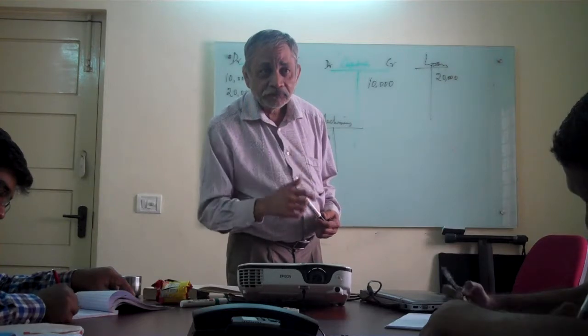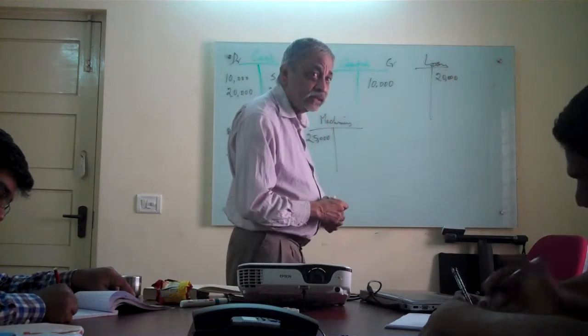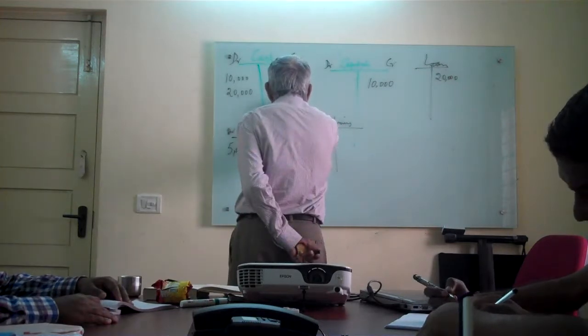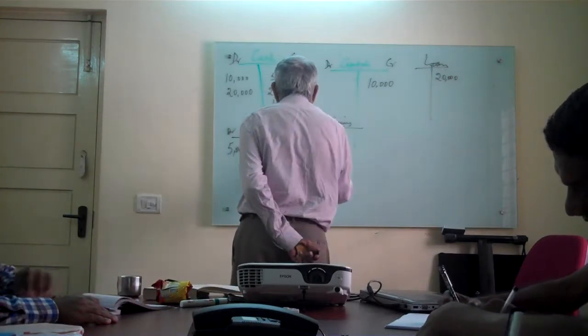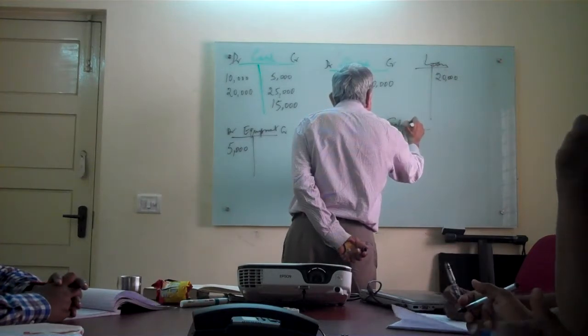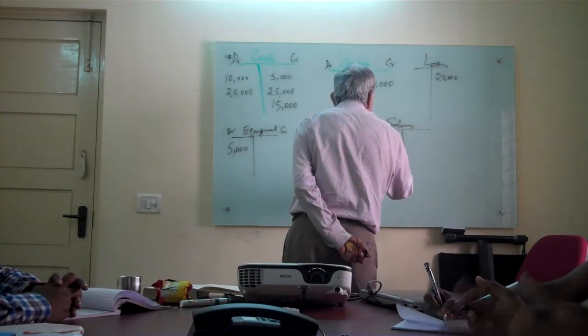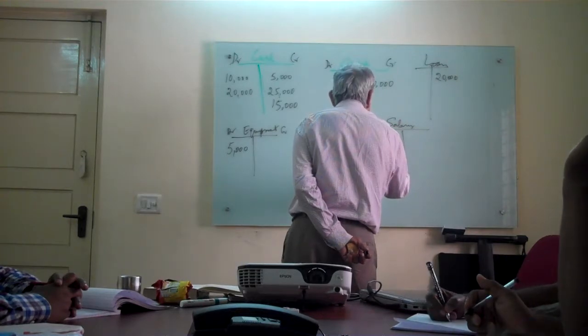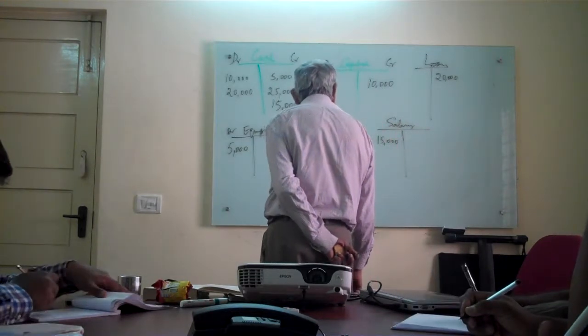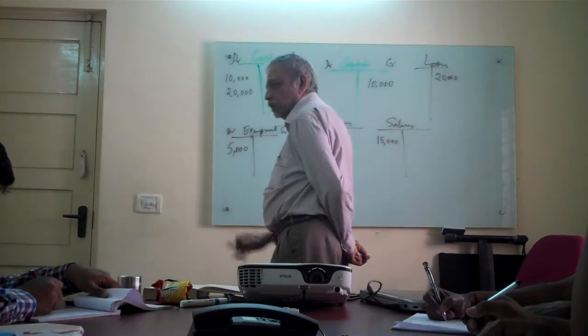Cash, how much? 15,000. Which side? Right side. Salaries on the left side.